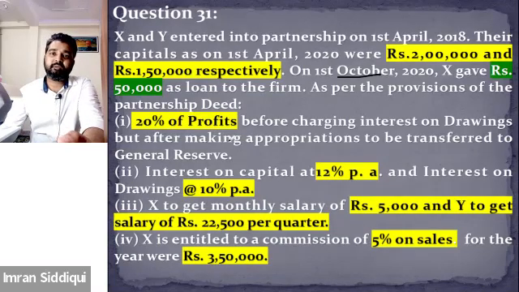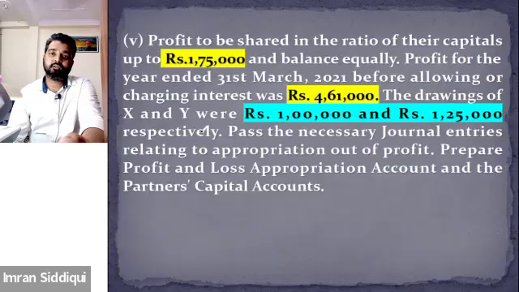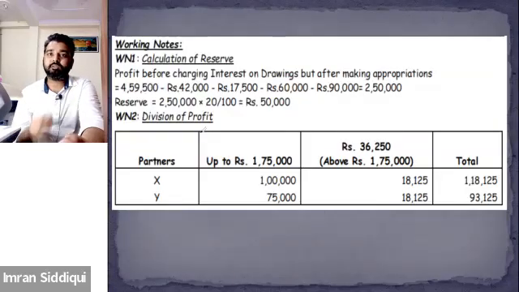What is the meaning of this statement? This statement basically says that we need to prepare a reserve of 20% of profit. But which profit? Profit must be calculated by subtracting all expenses except the interest on drawing. So interest on drawing shall not be subtracted.